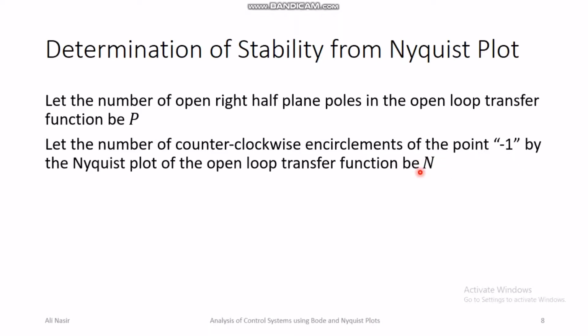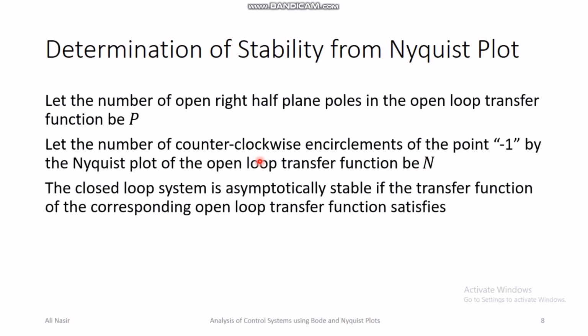And then in order to find the closed loop system stability, you compare the number P with the number N. If N is equal to P, then your closed loop system is asymptotically stable. If N is greater than or less than P, then your closed loop system will not be asymptotically stable.